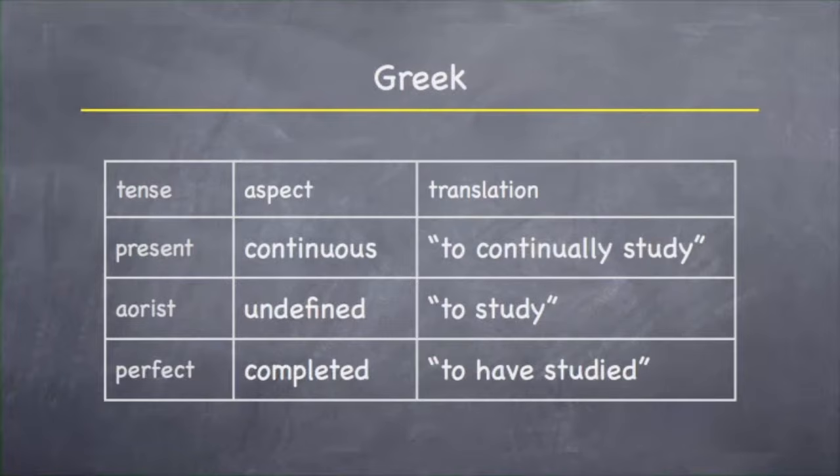But you can use continually, at least for now, perhaps to help you get the idea of it. The infinitive built on the unaugmented, as you would expect, aorist tense stem is describing an undefined action, and we would use the simple to study as a translation. And the infinitive built on the perfect tense stem is indicating a completed action. The best we can do at this point in English is to translate it with have: to have studied.